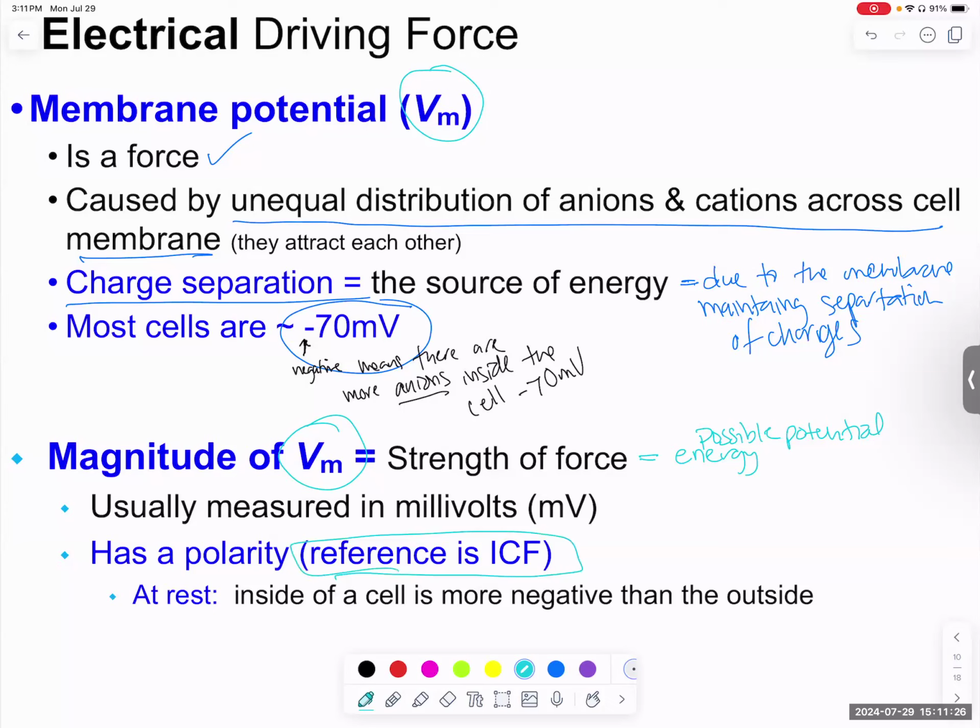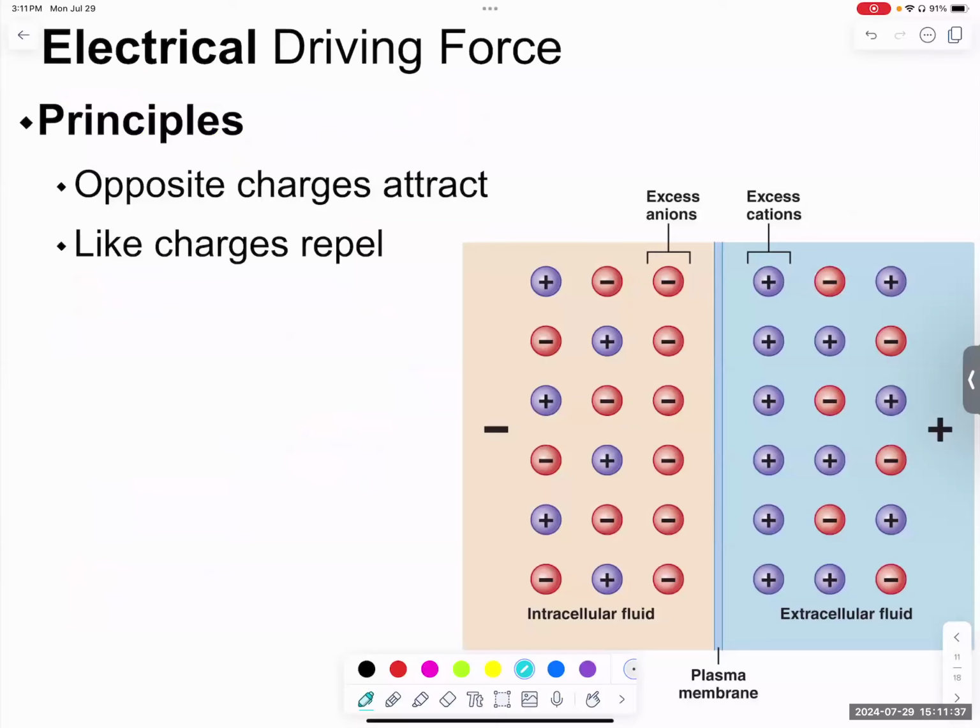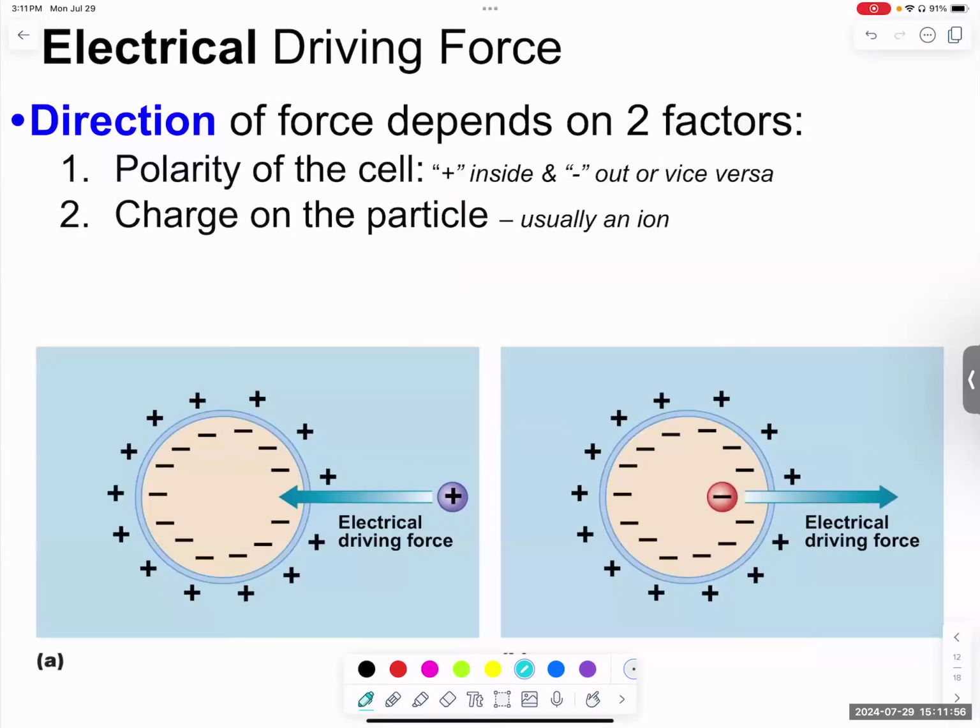It's in reference to intracellular fluid. It's more anions in the intracellular fluid. That's why we're saying it's negative 70, because we're talking about what's inside the cell, more negative inside the cell. So electrical driving forces, the principles are opposites attract. Cations and anions are attracted to one another. If you had a bunch of cations on one side, cations on the other side, they have no interest in moving across that cell membrane, but the opposites attract.